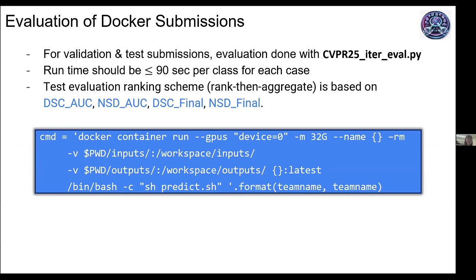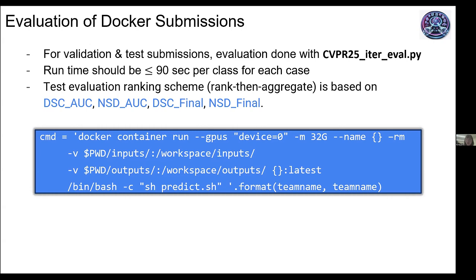Please ensure that the runtime is within 90 seconds per class for each case. The test evaluation ranking scheme will be used for the final testing phase, and a rank and aggregate scheme will be used. Among the metrics, DICE AUC, NSD AUC, DICE final, and NSD final will be used.